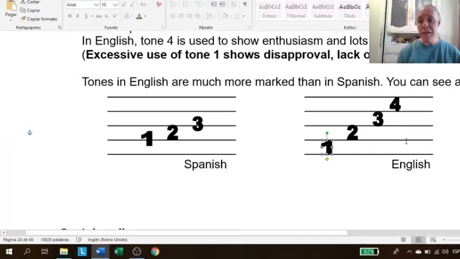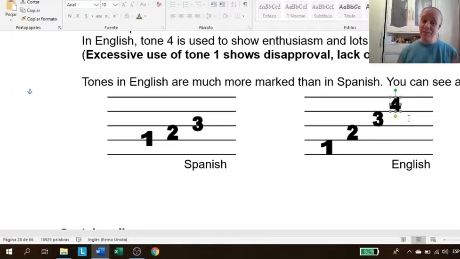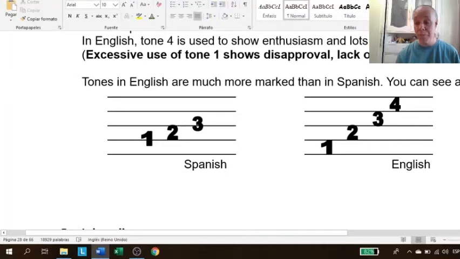And when English speakers are learning Spanish, they need to avoid number 4 because we will think that they are upset all the time. Those are the differences between Spanish and English. Now, how are we going to move or transfer this into our transcriptions? I will show you in a minute.